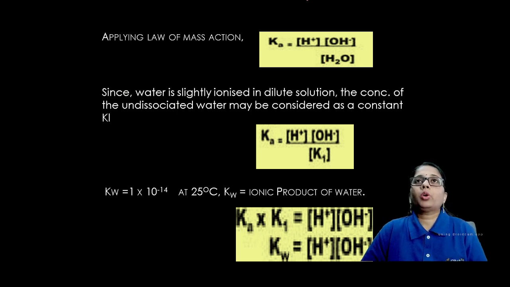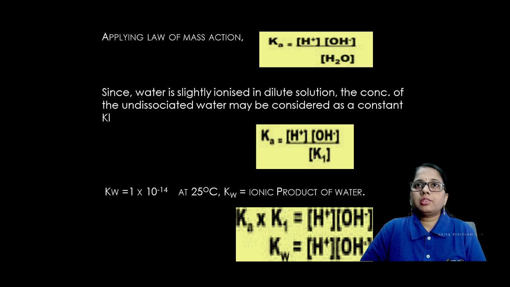So the product of these two products, H plus and OH minus ions, divided by the product of the reacting substance. Since water is slightly ionized in dilute solutions, the concentration of the undissociated water may be considered a constant value. Completely getting H plus and OH minus may not be possible because it is a dilute solution.